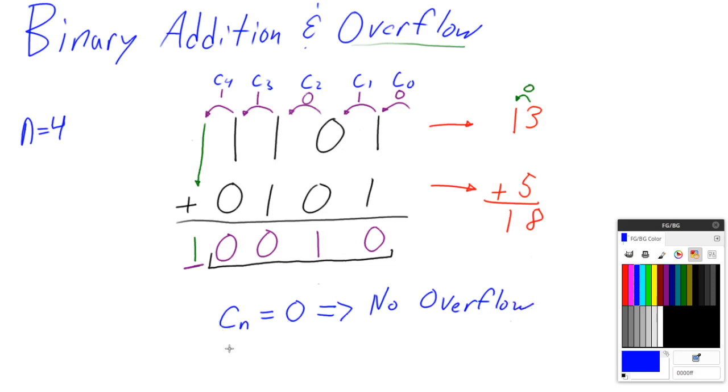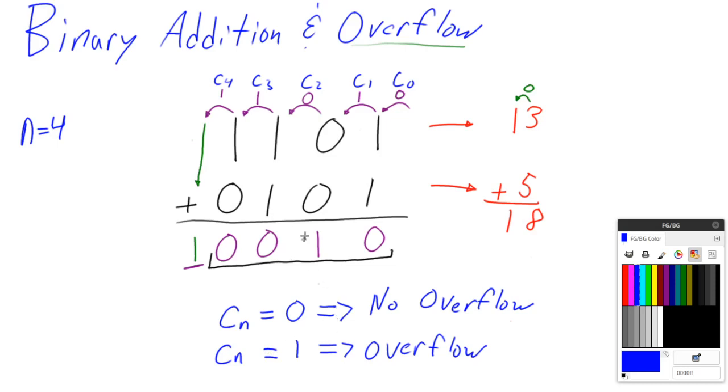And if Cn equals 1, in our case, that means that there is an overflow. So this is maybe something like this carry out would hook to an LED, and it would turn on saying there was an overflow. And we know that there was maybe an error that we have to address in some way, shape, or form.